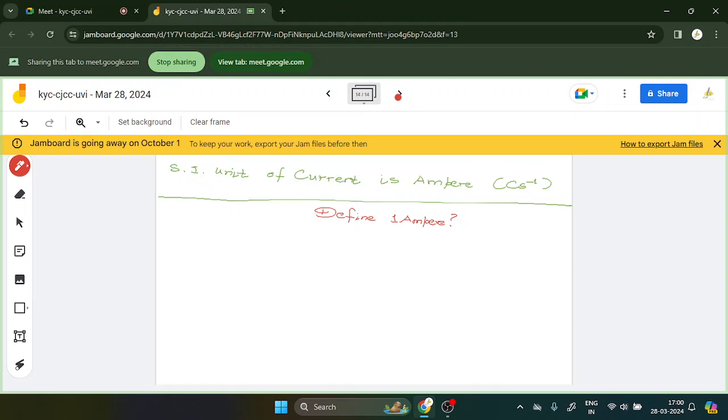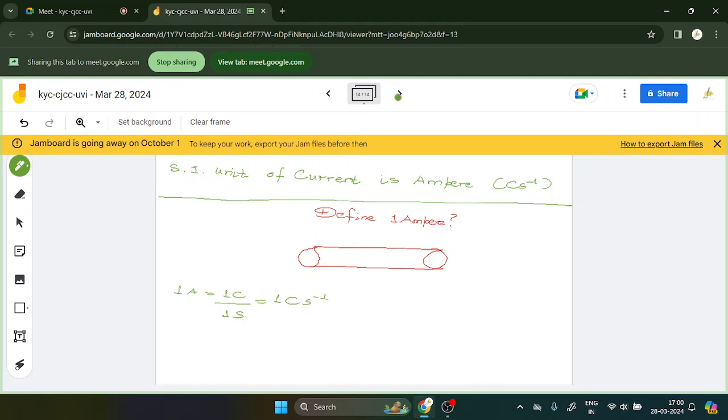Okay, wait a minute. So define 1 ampere. This is a conductor, suppose. What was current? Current was the total charge passing through the conductor in a given time, right? What is 1 ampere? 1 ampere means 1 coulomb upon 1 second, which means 1 coulomb per second.